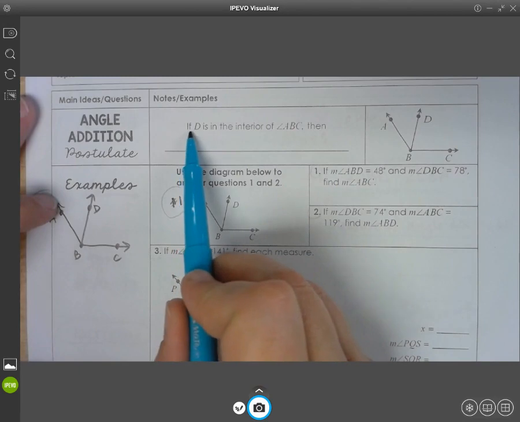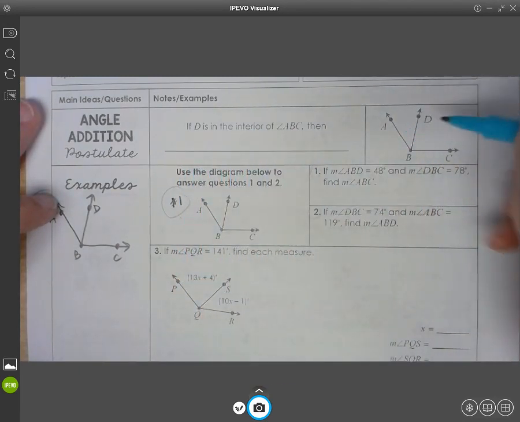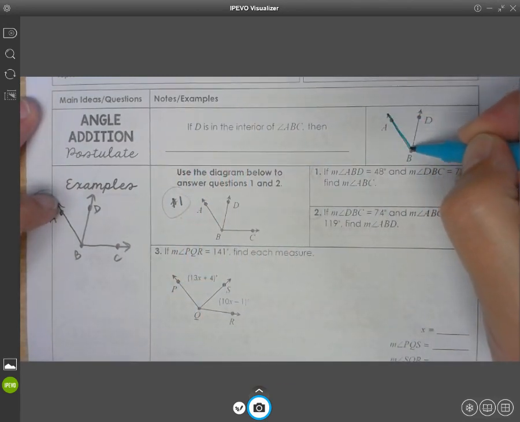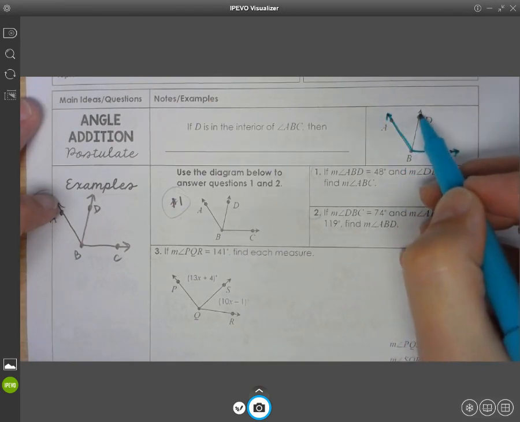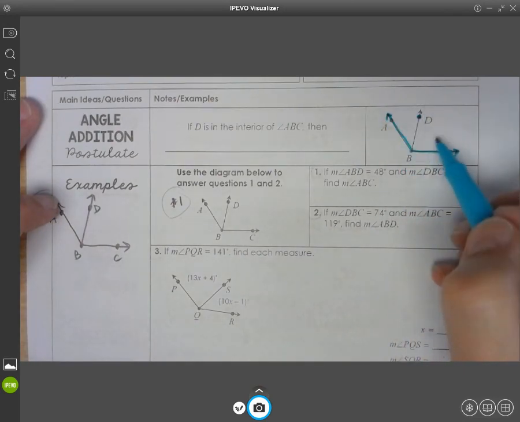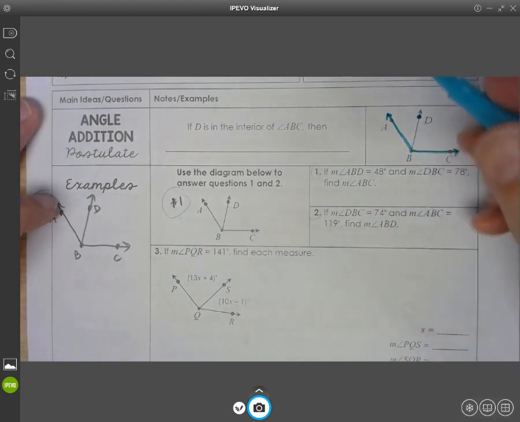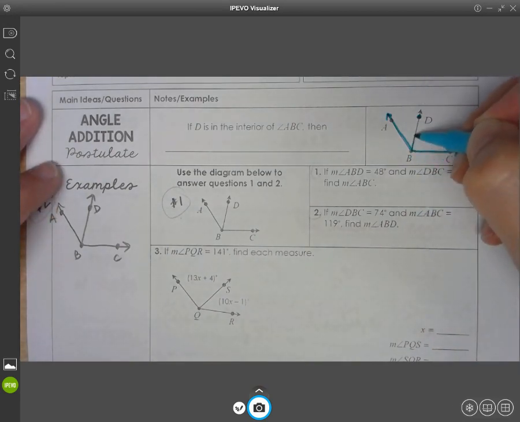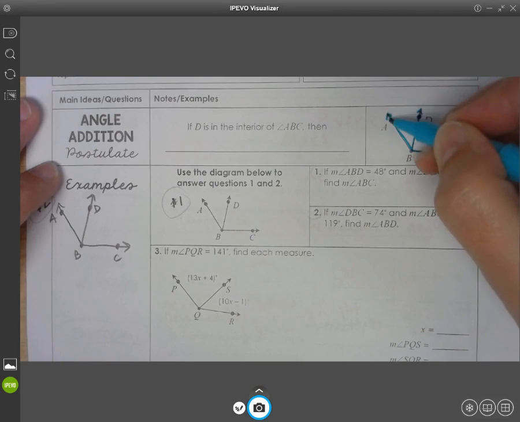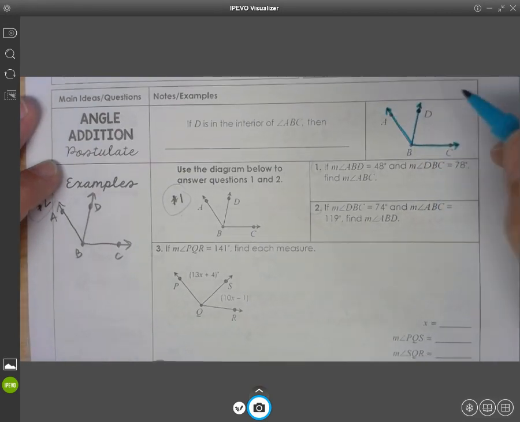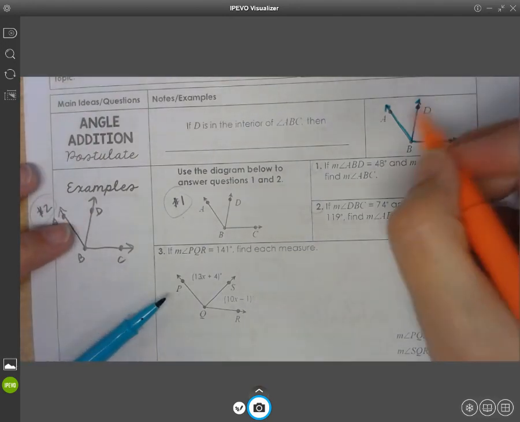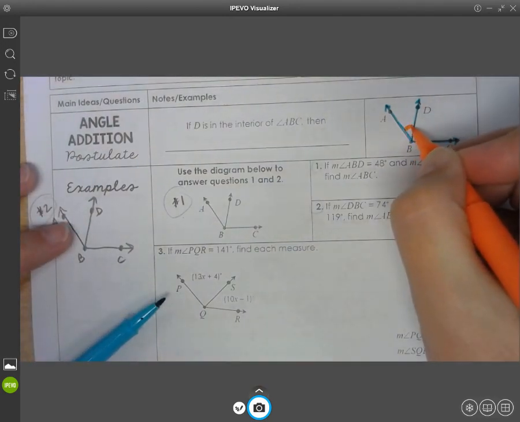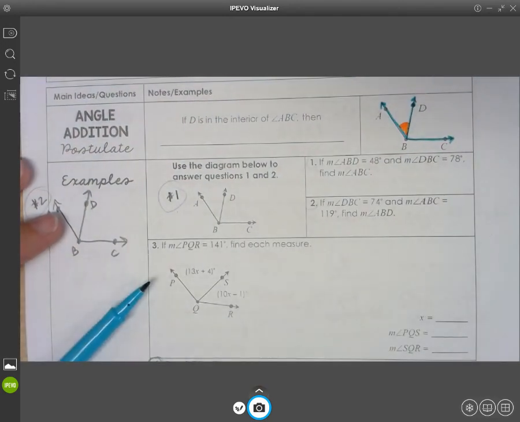Okay, so if D is in the interior of angle ABC, so this is angle ABC, D is somewhere in here on the inside of this angle. So what that allows us to do is connect and cut this big angle ABC into smaller angles. Okay, so we have this angle right here, which is the little one.